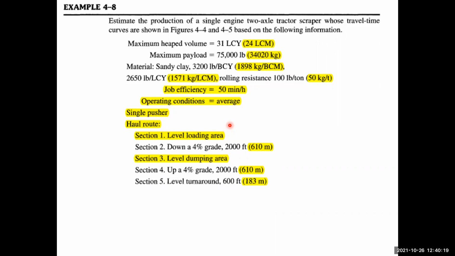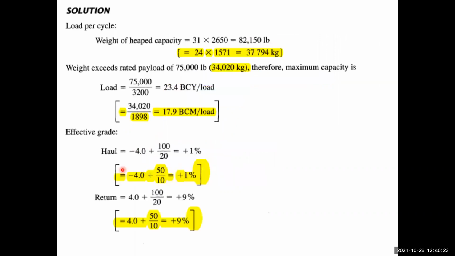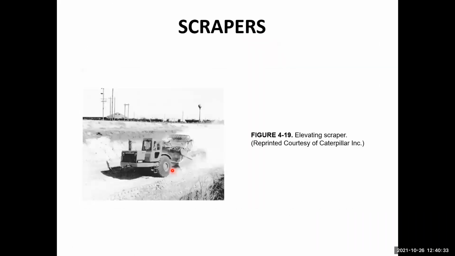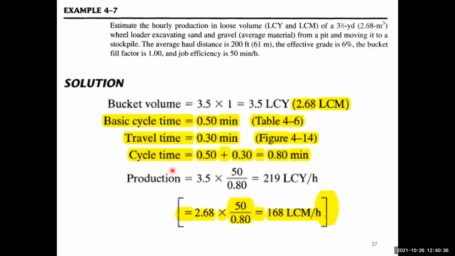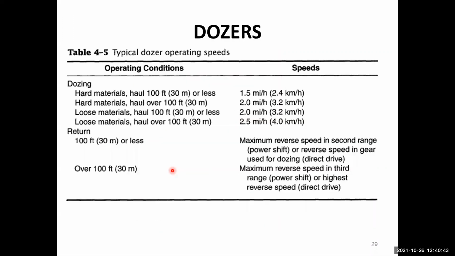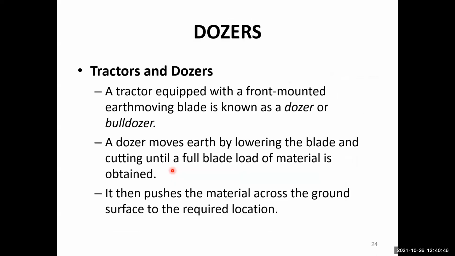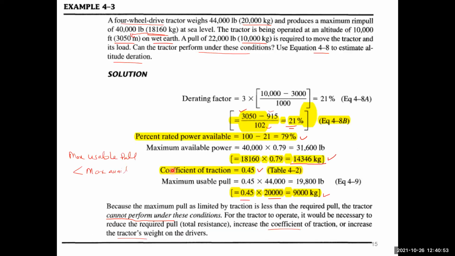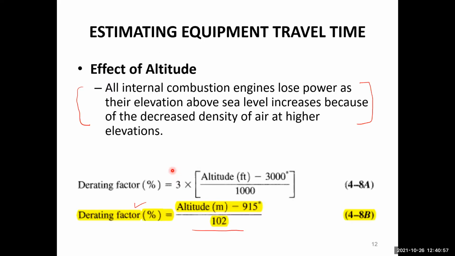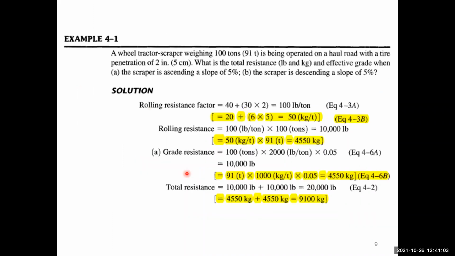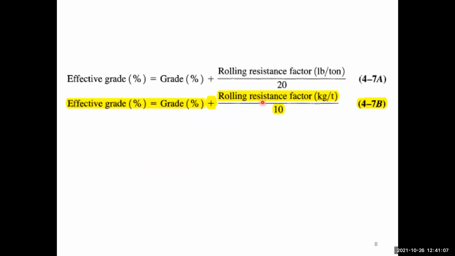If we look at the formula for the effective grade, we have to look at what values we are using over here. If we go back several slides, the formula for the effective grade that we just discussed last time was this, yes, over here: rolling resistance divided by 10.